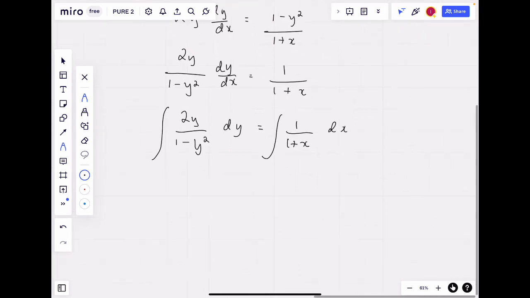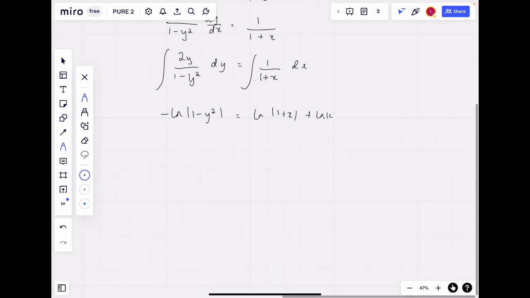In both cases, you're going to use the reverse chain rule. So you would get ln(1 − y²) equals ln(1 + x). This would be negative, and then plus ln k.